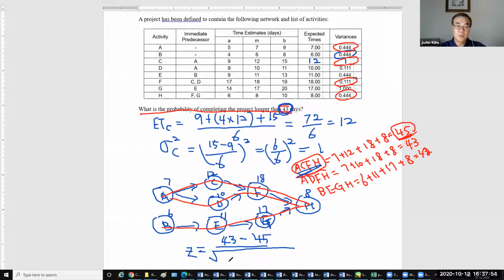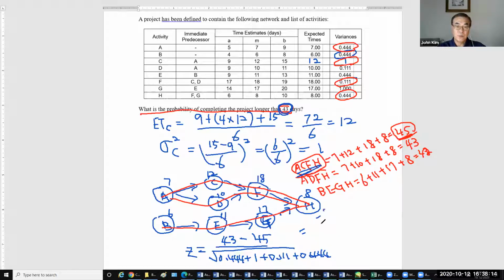So add 0.444 plus 1 plus 0.111 plus 0.444 equals 1.999.